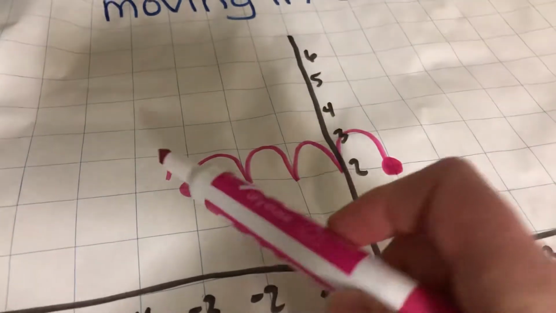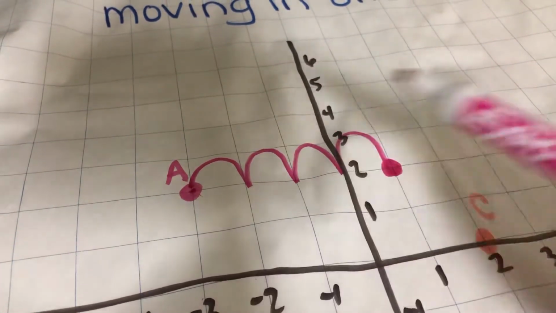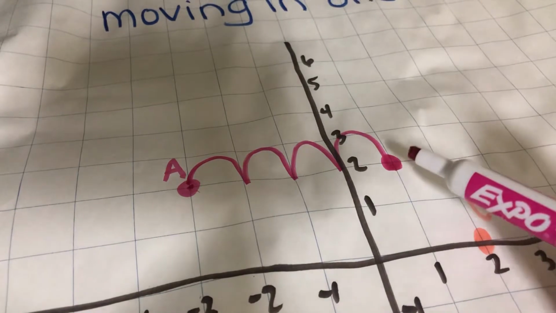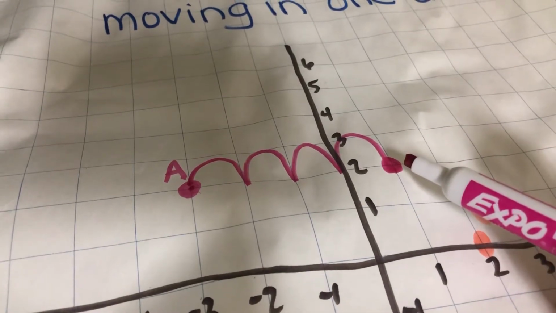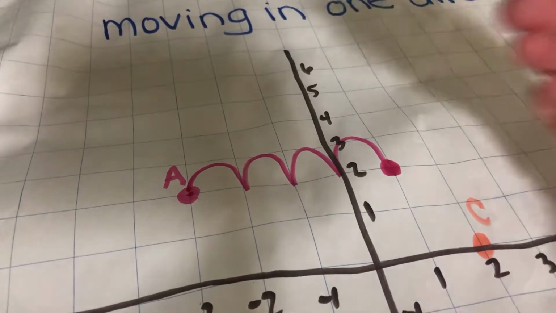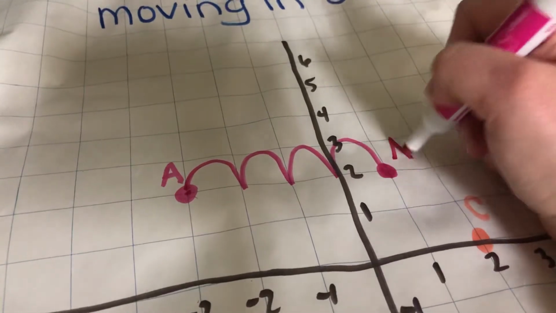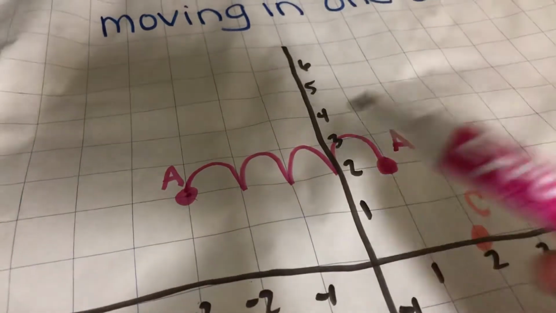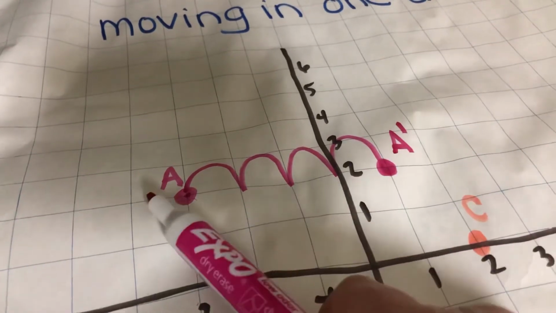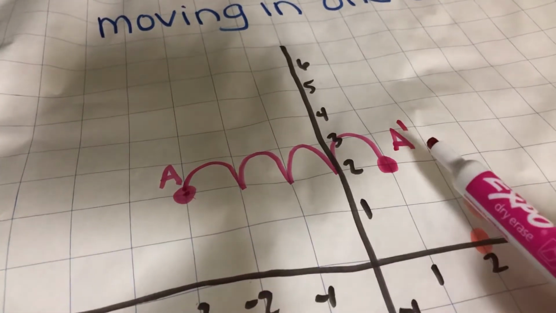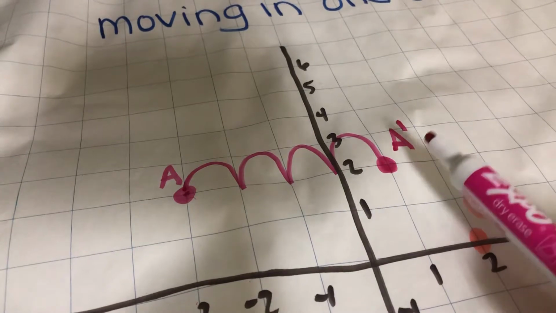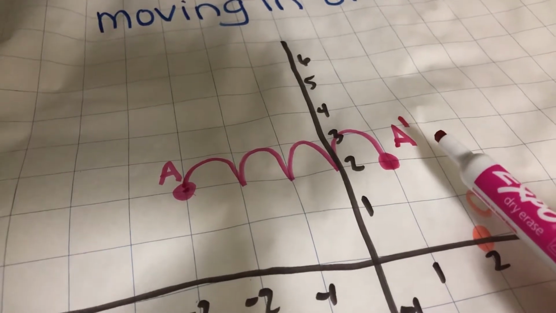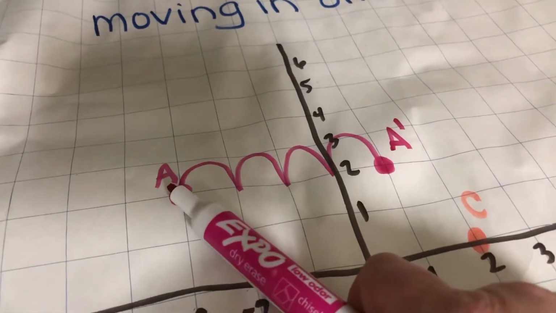Now you notice that this was labeled A. When I make a new dot based on my movements, this is now called an image. And when I name an image, I am naming it A1 because that means it is the first image off of A. If I was to move this dot again somewhere else, I would call it A2 because it is the second image off of A.